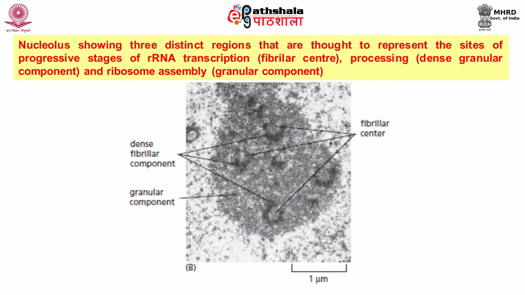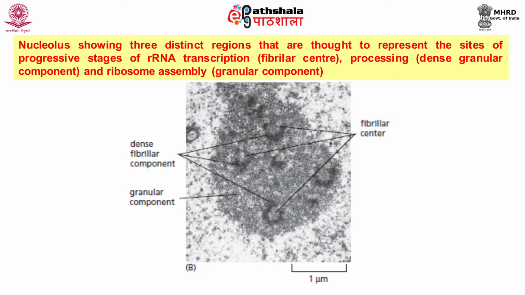Morphologically, the nucleolus consists of 3 distinct regions, namely fibrillar center, dense fibrillar component and granular component. These different regions represent the sites of different functions. Fibrillar center is the site for progressive stages of rRNA transcription.